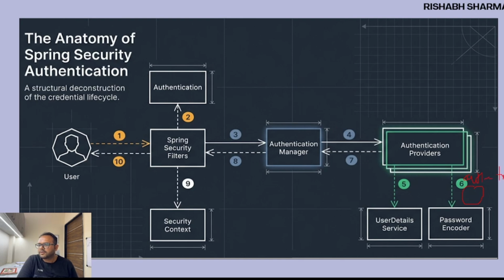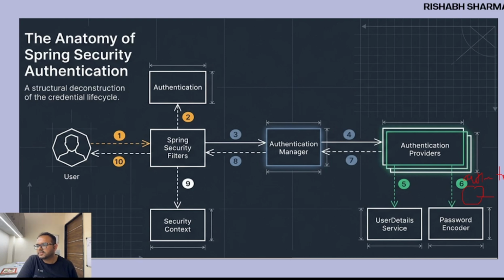Some extra details, authorities and other details, are also populated inside this object. We will see that later. Just for simplicity, this object contains authenticated equals true, meaning this user is now authenticated.